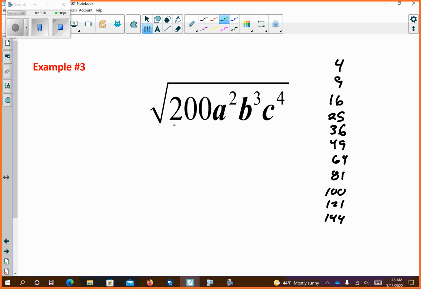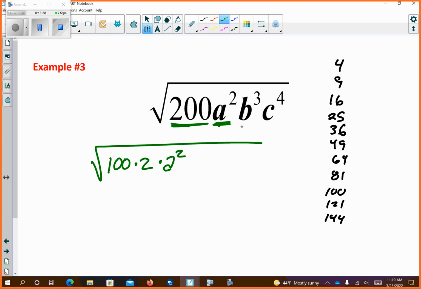I don't really have 200 on my list, but what can I break 200 down to that'd be a little nicer? 100 times 2. And then, is it okay if I leave that as a squared? What should I do to this one? B squared times b. Can I leave this one alone? Yeah, it's an even number.